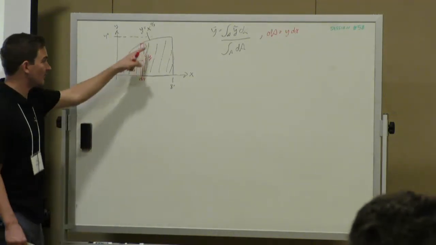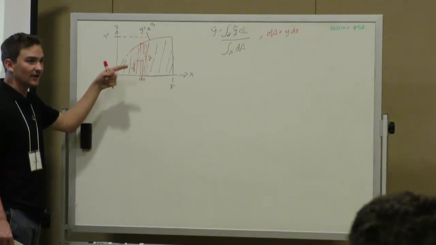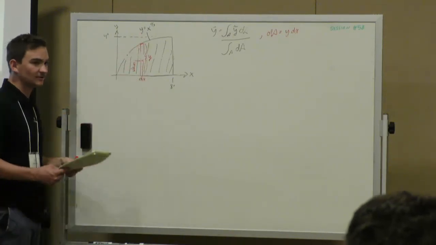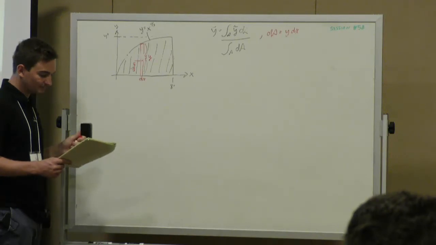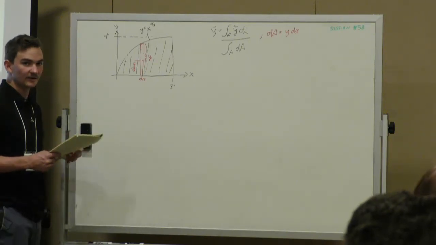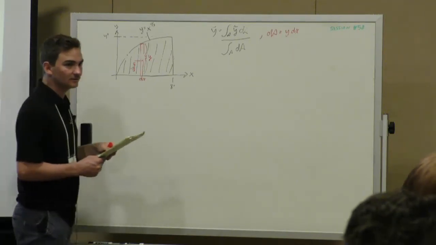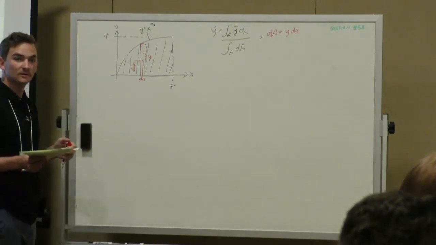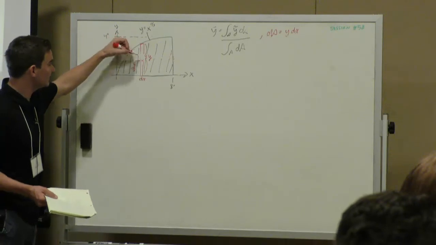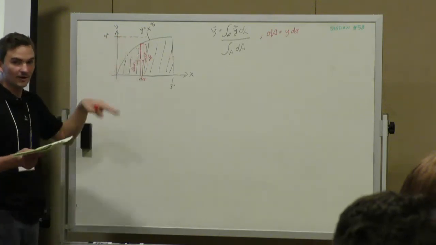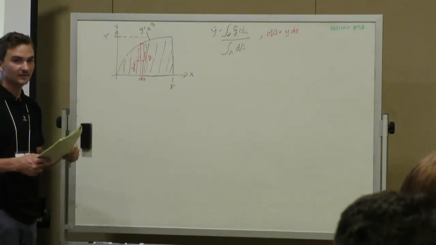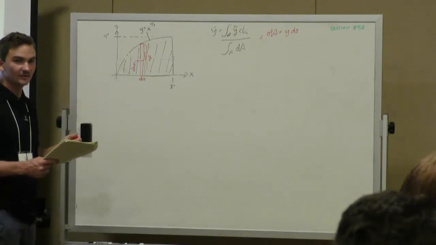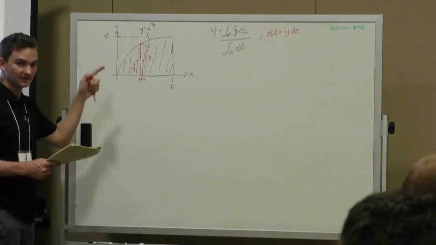So since it's the total height of y and the centroid acts in the center, it's y divided by 2. Does everyone agree with that? Everyone have any questions on it? How do you know it's exactly in the center? Similarly, when we did our centroids, we know a square, its centroid acts in the center. So for the rectangle, it's the same way. So y tilde is the center of that differential element.